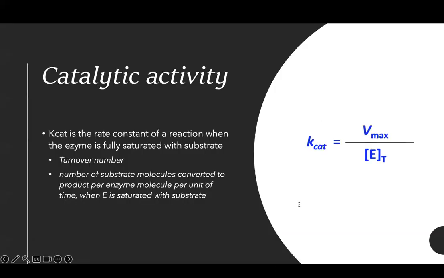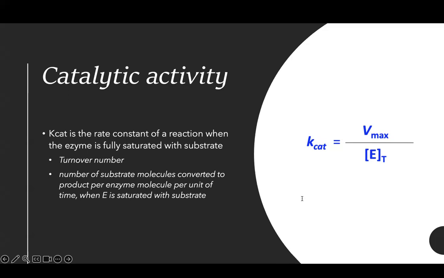This takes us to our next constant, which is the catalytic activity constant, Kcat, the rate constant of a reaction when the enzyme is fully saturated with substrate, which can be expressed as Vmax over the total enzyme concentration.